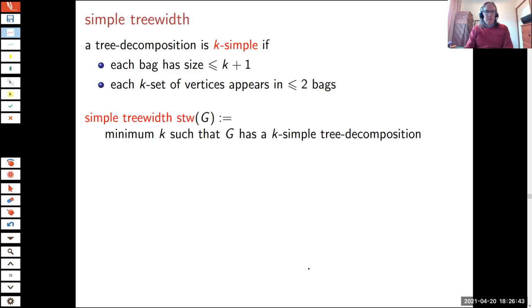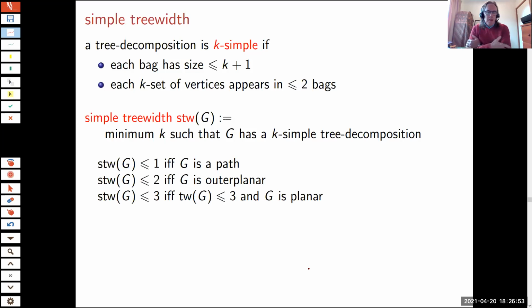Then we say simple tree width of a graph is the minimum k such that G has a k-simple tree decomposition. Now this actually is interesting. For example, in the small values of k, you get naturally defined classes. So remember, tree width 1 means the graph is a forest. But if you go to simple tree width 1, the class drops down to being a path. It's even simpler.